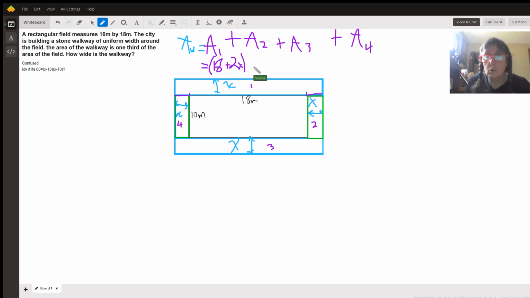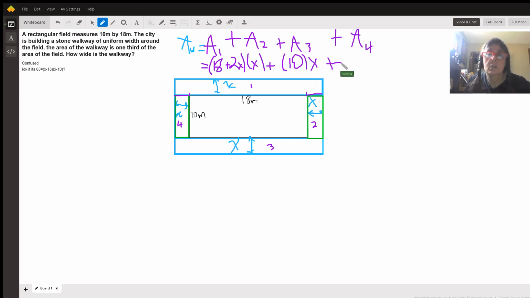And then the width of this rectangle here is x. Then we're going to go to area 2. Area 2, well, this one has a height of 10 and a width of x.